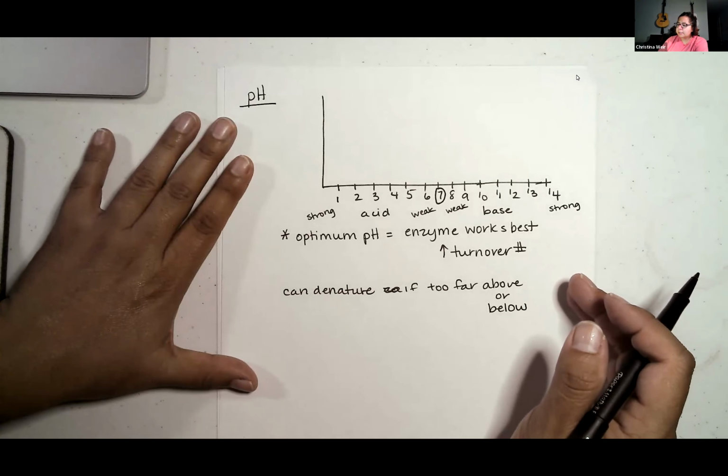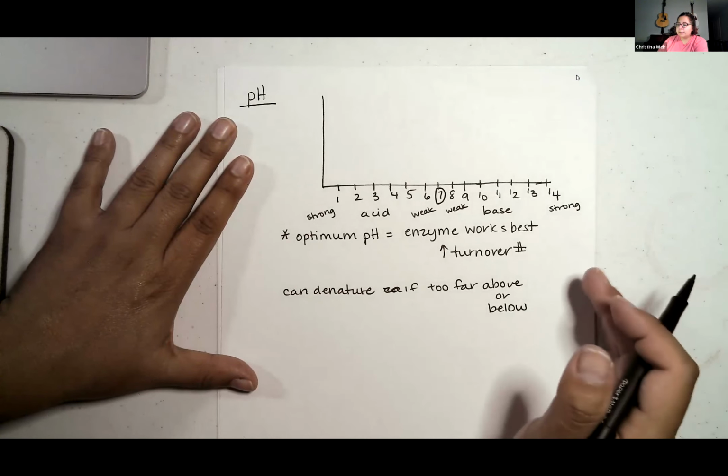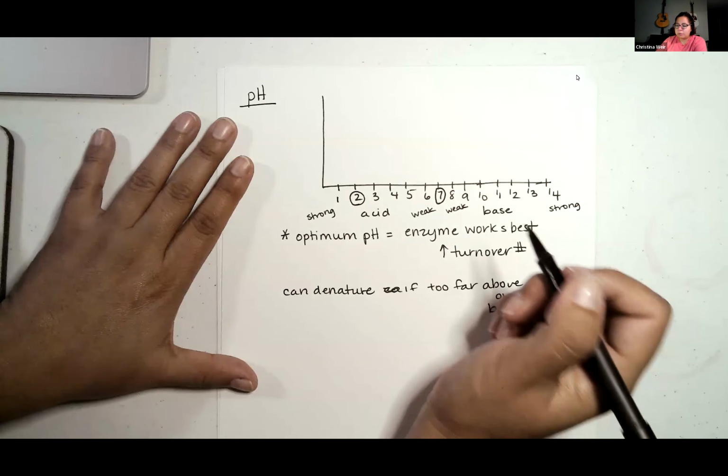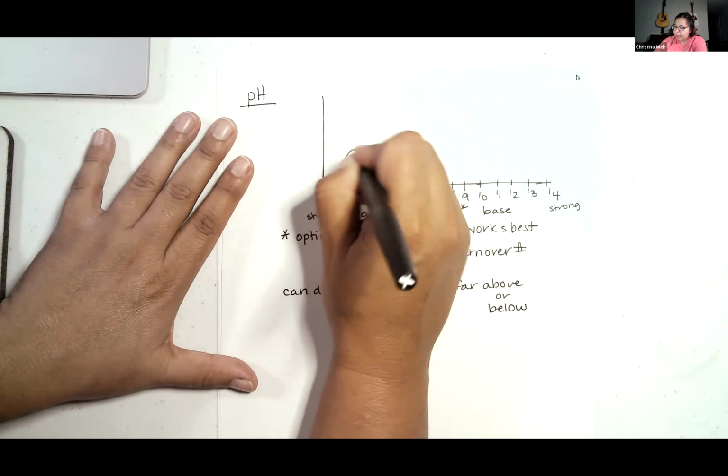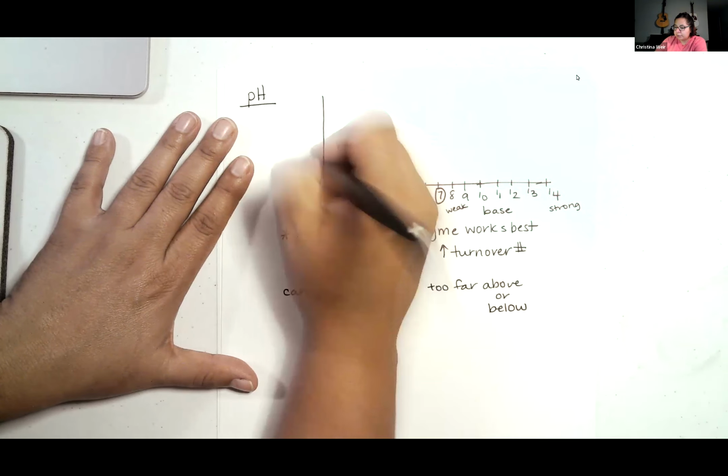So let's consider an enzyme that would work, let's say, in your stomach. Your stomach has a pH of around 2. So if I look at a particular enzyme, and of course this is turnover, it gets better as you go up.